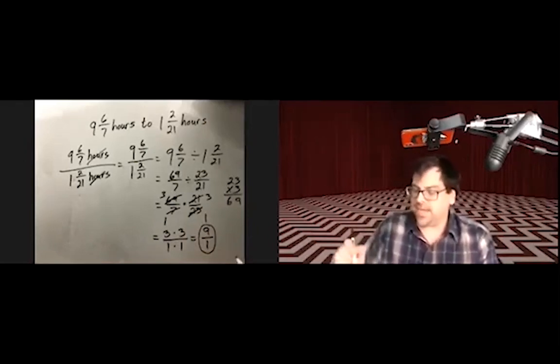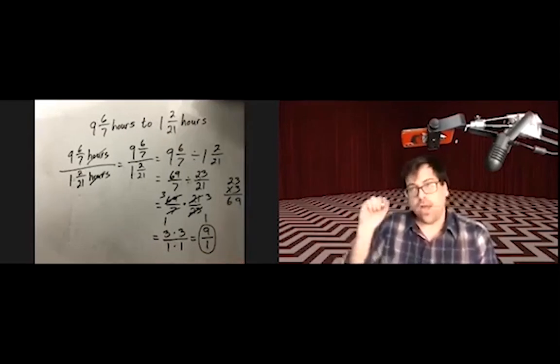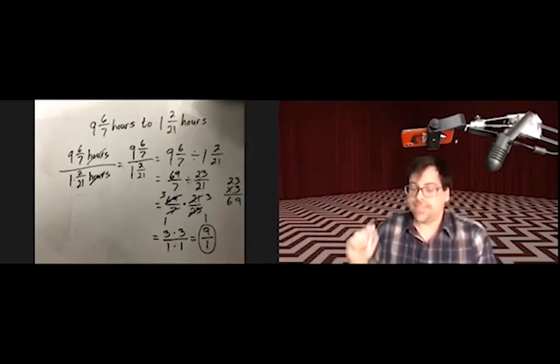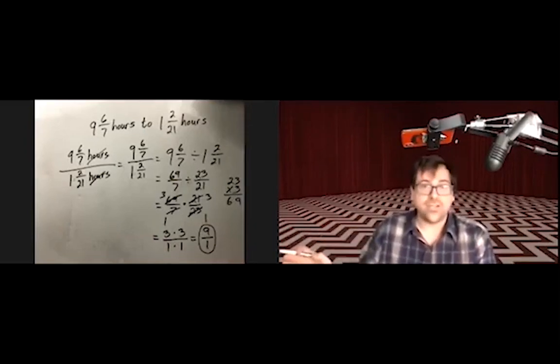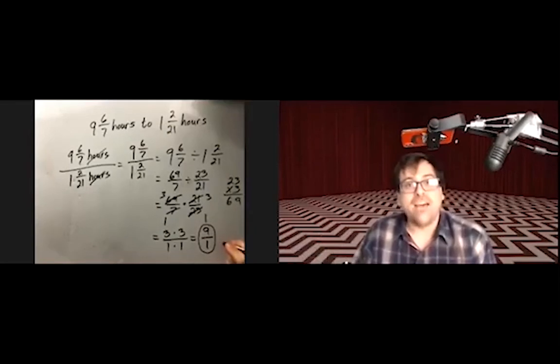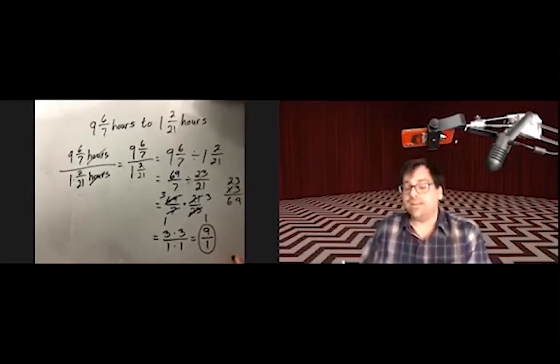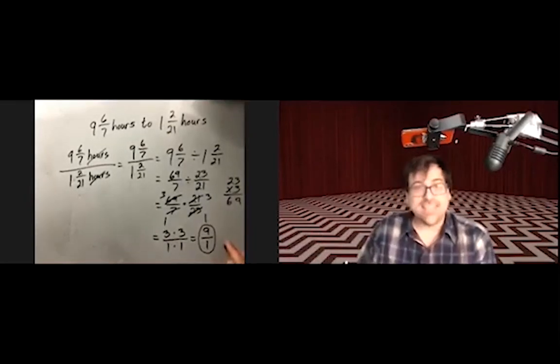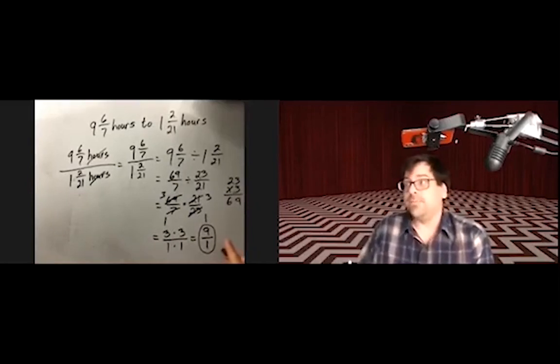It has to be 9 to 1. Because this is a ratio, not a fraction. It looks like a fraction. It works like a fraction. Except if we have over 1, we wouldn't divide because a ratio needs to have a top and a bottom number.